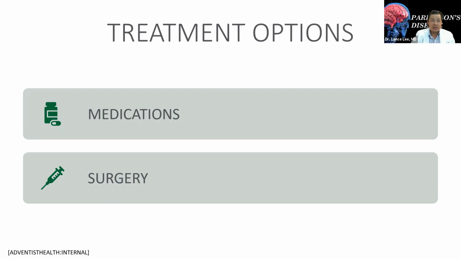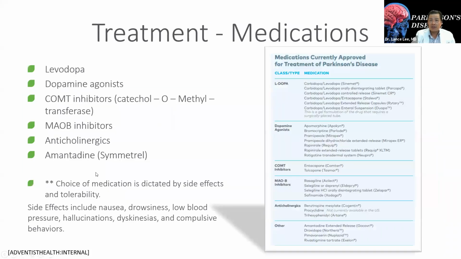The dopamine-producing cells in the brain are slowly deteriorating with the accumulation of protein structures like Lewy body, alpha-synuclein, for example.